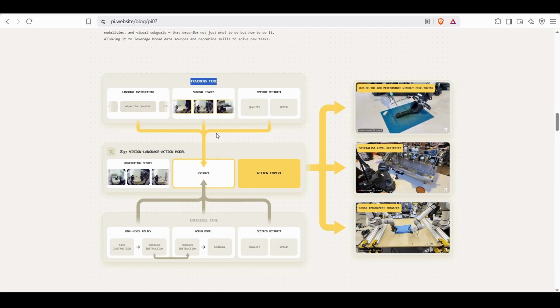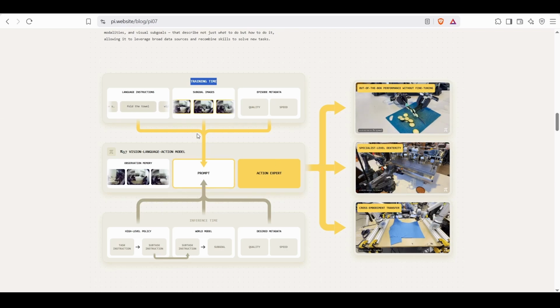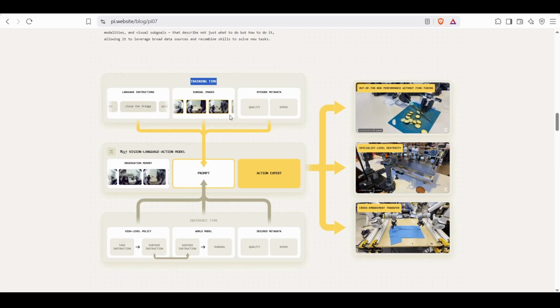They also drop out sub-goal images, and sometimes if they have sub-goal images, they drop out the predicted subtask. They added, I wouldn't say a lot of dropout, all of these are kind of low quantity, but they did add some dropout, and all of that is to allow for classifier-free guidance.